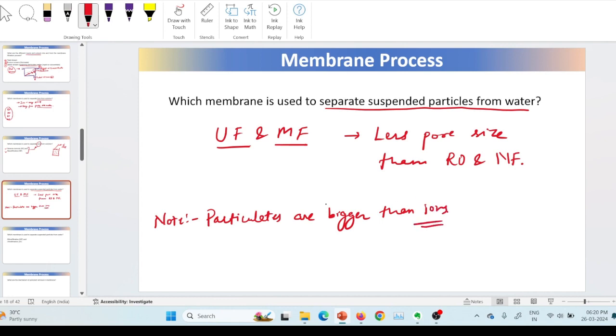So in ultrafiltration and microfiltration, less transmembrane pressure is required.